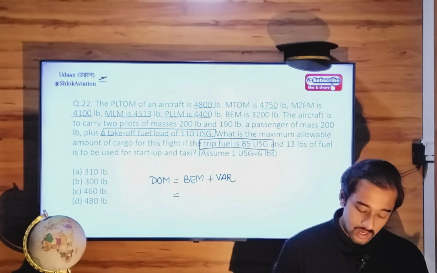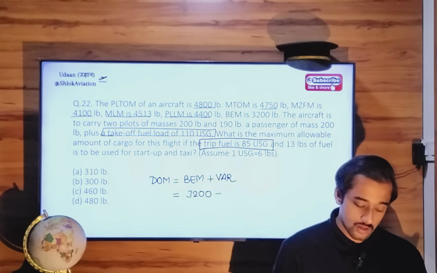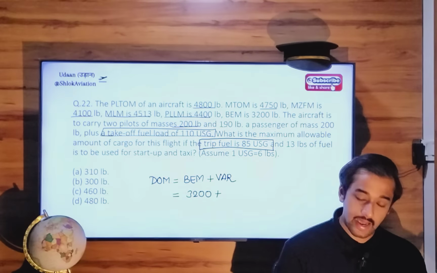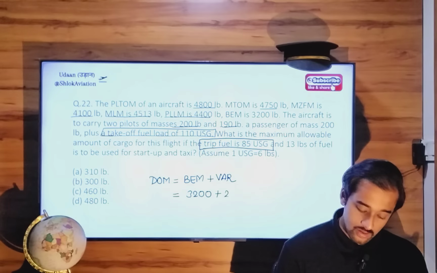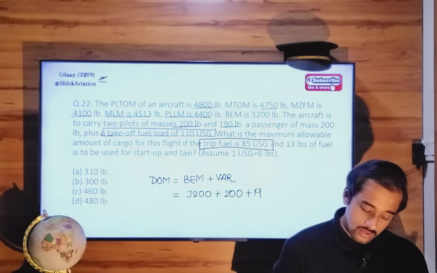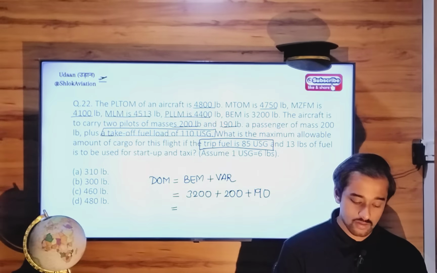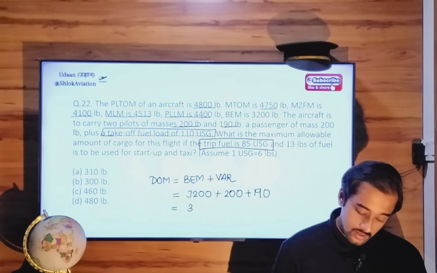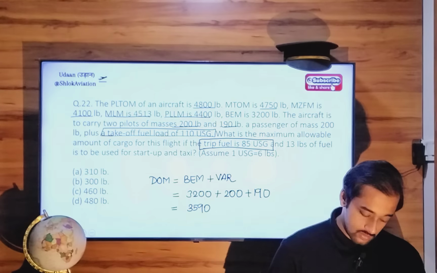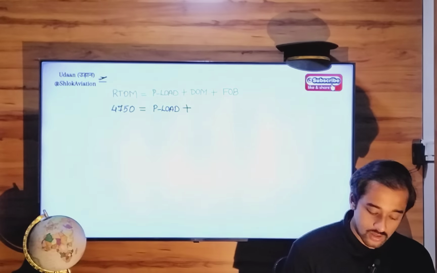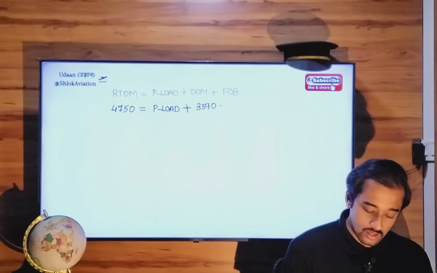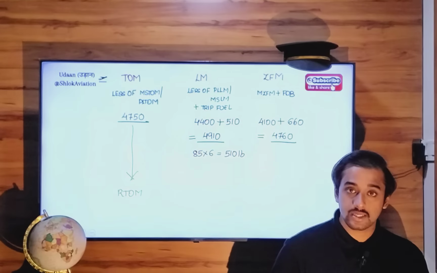Basic empty mass is 3200, variable load is 200 and 190. So 3200 plus 390 equals 3590. So 3590 is your DOM and fuel on board is 660.